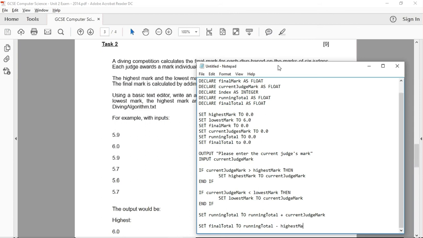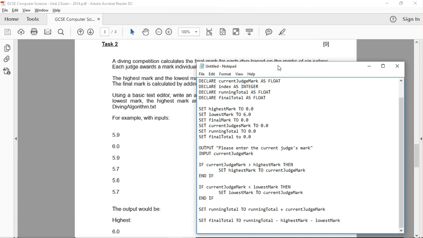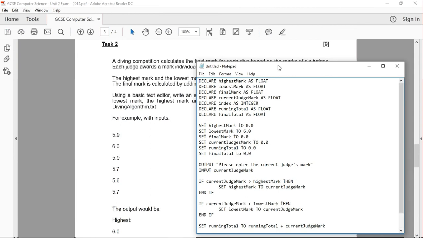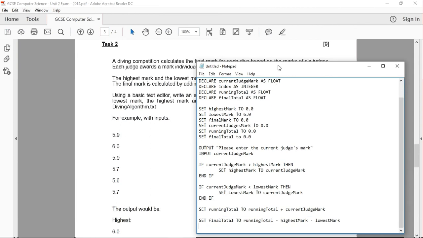Then set final mark to the final total divided by 4.